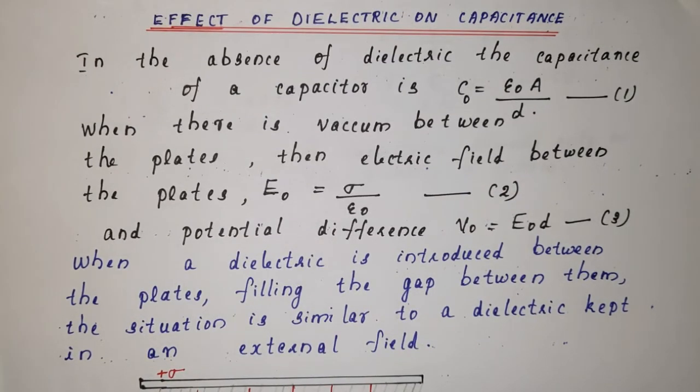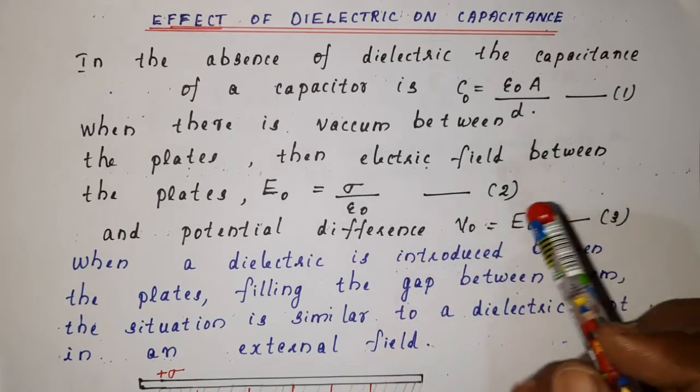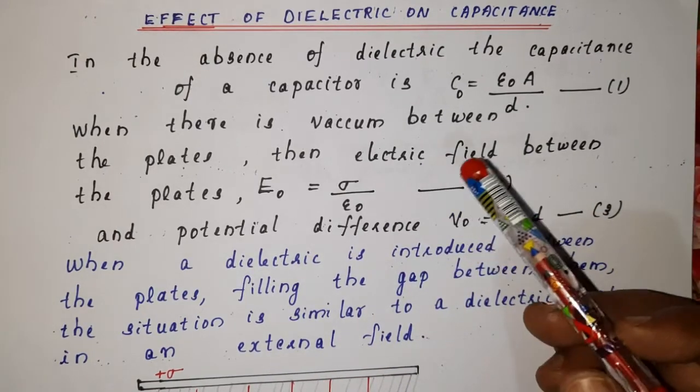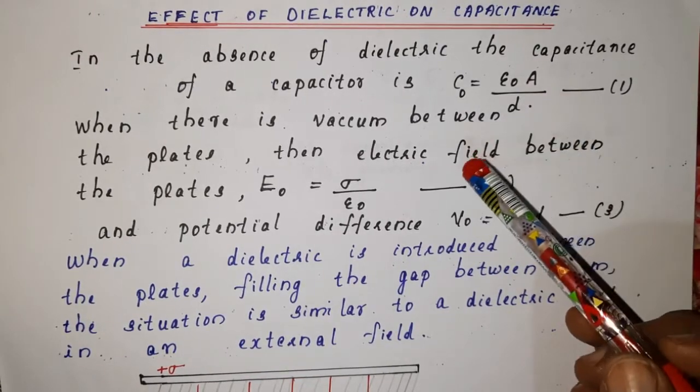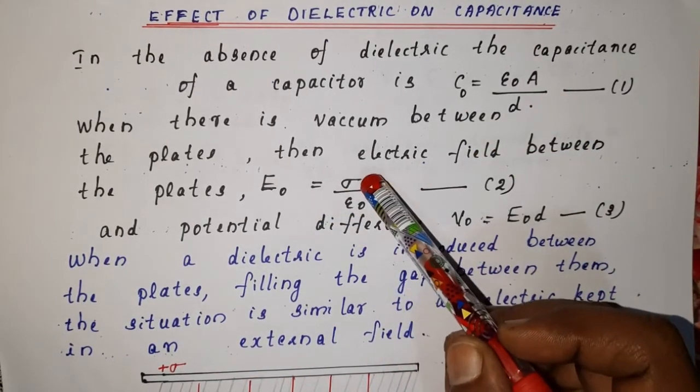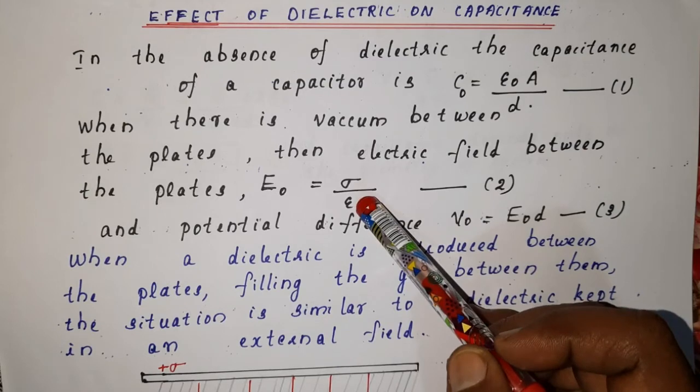So when a dielectric is introduced between the plates, filling the gap between them, the situation becomes similar to a dielectric in the presence of an external field. Did you follow what I said? We are considering a parallel plate capacitor with air first, so there exists an electric field sigma by epsilon 0.